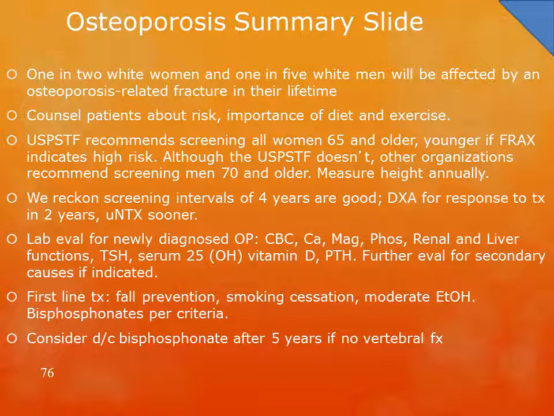So again, the non-pharmaceuticals are always your first line, and bisphosphonates if you meet criteria. Consider discontinuing the bisphosphonates after 5 years if there are no vertebral fractures, and again, there are no fast and firm guidelines around when to discontinue bisphosphonates or if there's added benefit of continuing them past 5 years.